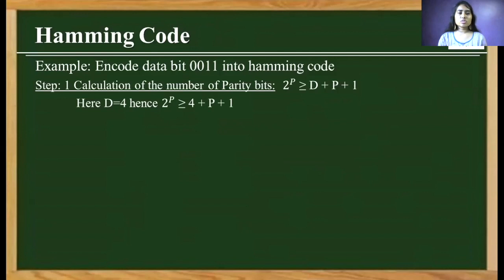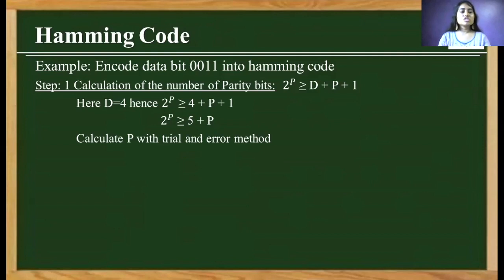So just put the value of d. The equation becomes 2 raised to p greater than or equal to 4 plus p plus 1. That means 2 raised to p greater than or equal to 5 plus p. So calculate the value of p with the trial and error method. For p equals 1, we have 2 raised to 1 greater than or equal to 5 plus 1. This inequality becomes 2 greater than or equal to 6, which is wrong.